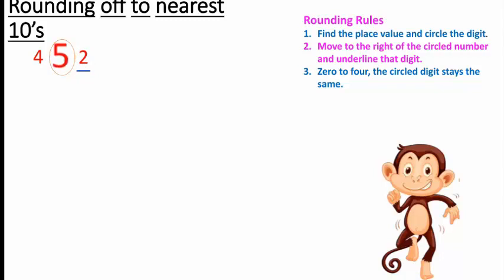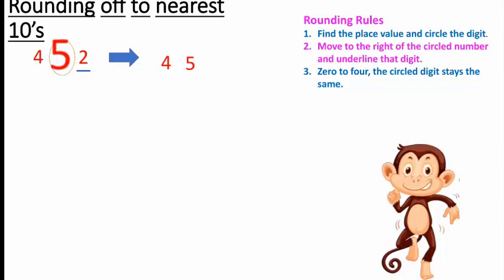So there will be no change in the circled digit. Clear this much? And the rounding off for this given number will be, the previous number will be written as it is. Understood? So 4 we will write as it is. Then the circled digit will also be written as 5 only.